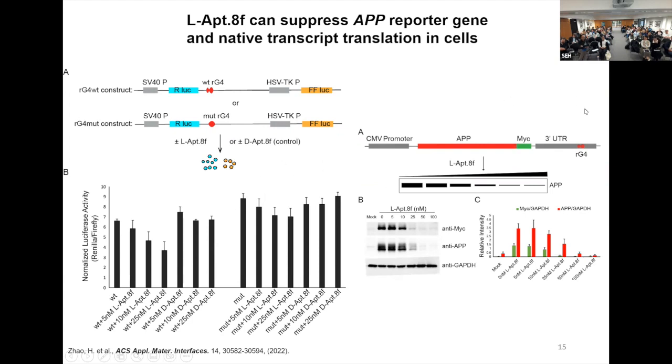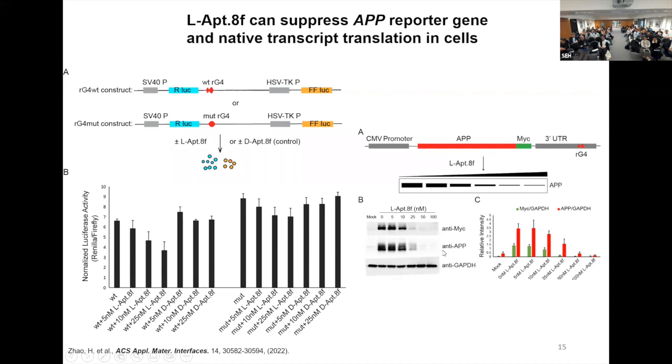To go one step further to look into the APP protein, we actually transfect APP plasmid, full ORF and full 3' UTR APP, together also with a tag just for our detection purposes, and do the Western blot after titrating with the L aptamer.